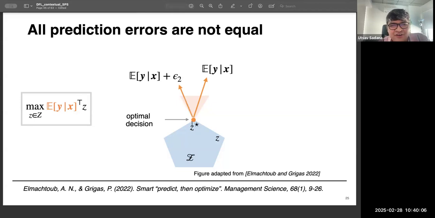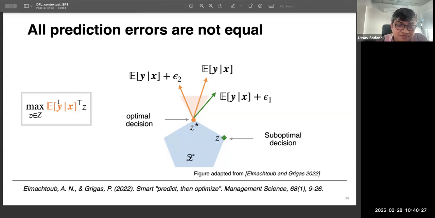Now suppose you make an error of epsilon 2, and now you check what is the optimal decision. Again, the optimal decision is z star. Now suppose you make an error epsilon 1 on this side. Now the optimal decision is this. But this decision is suboptimal because the true value of the mean is expectation of y given x and not expectation of y given x plus epsilon, right?